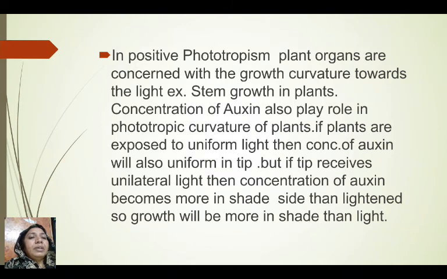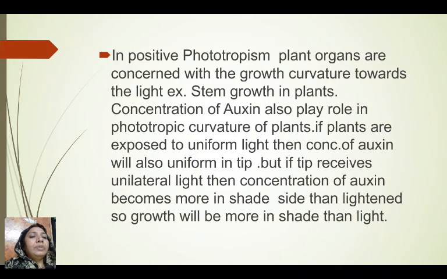If the plants are exposed to uniform sunlight, then the concentration of auxin will also be uniform in the tip region. But if a plant receives unilateral light supply, then the concentration of auxin is found to be more on the shade side than the lightened side.